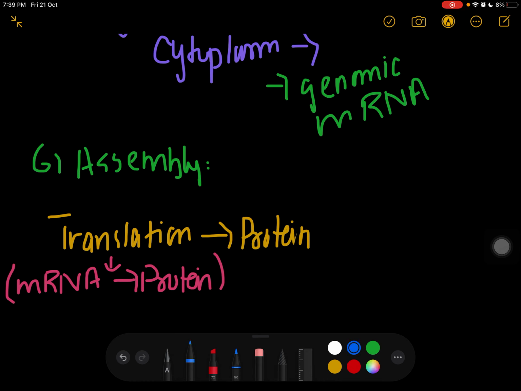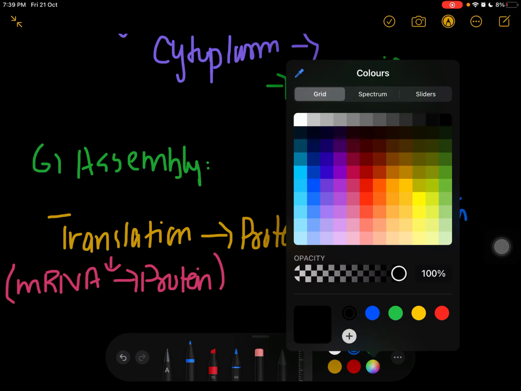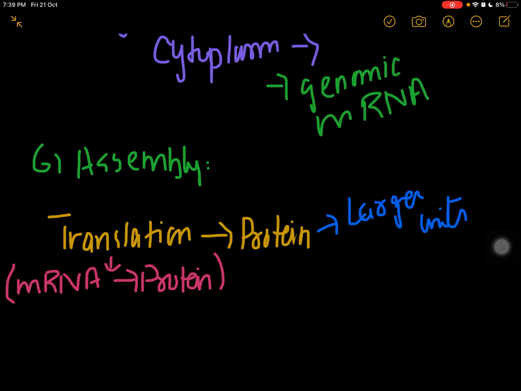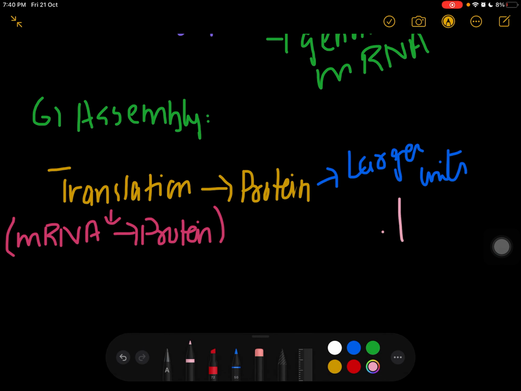Now there will be larger units of protein. Now these larger units of protein will be cut into smaller units.